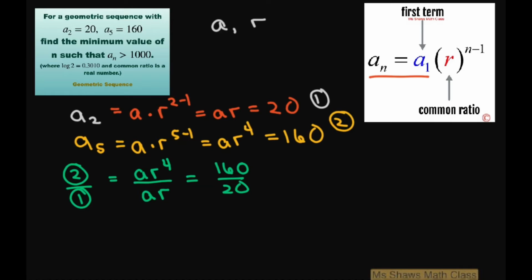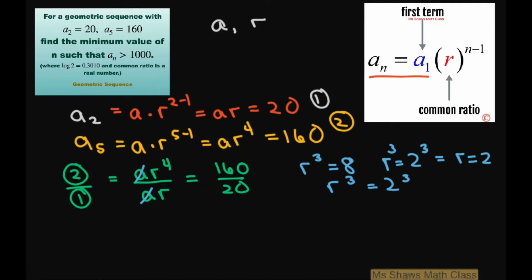Basically the A's cancel, so you get R cubed equals 8. Therefore R equals the cube root of 8, which is R is 2. Because R cubed is 2 cubed, and R is 2.